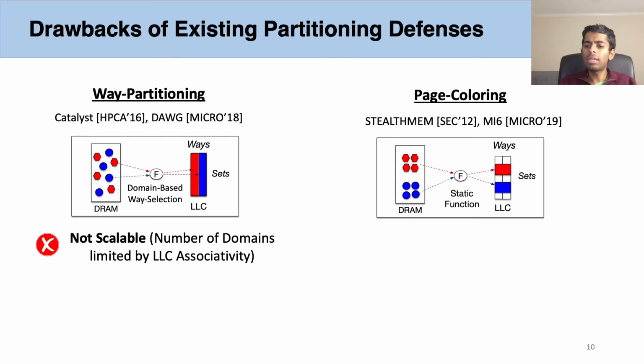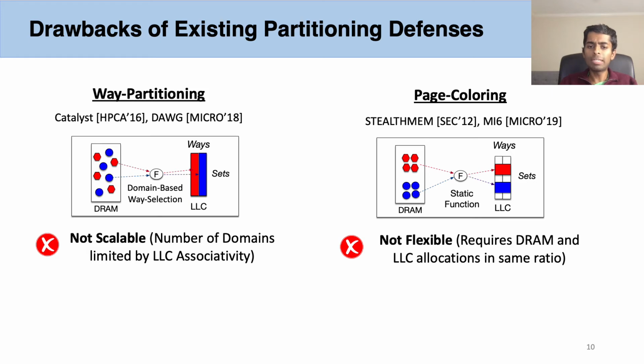Page coloring, on the other hand, partitions the caches along sets. By associating colors for DRAM pages mapping to disjoint sets and allotting pages of different colors to different security domains, it ensures that domains use non-overlapping cache sets. But this design suffers from limited flexibility. It requires the DRAM and cache allocations to be in the same ratio.